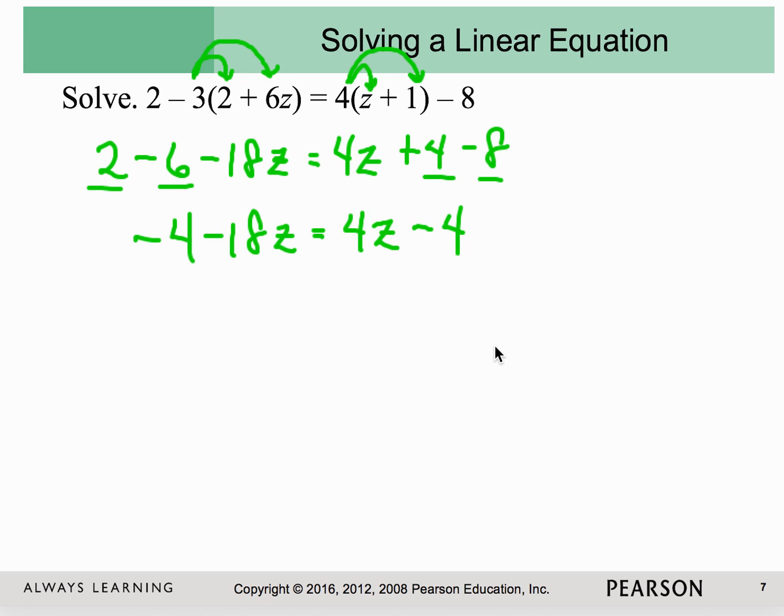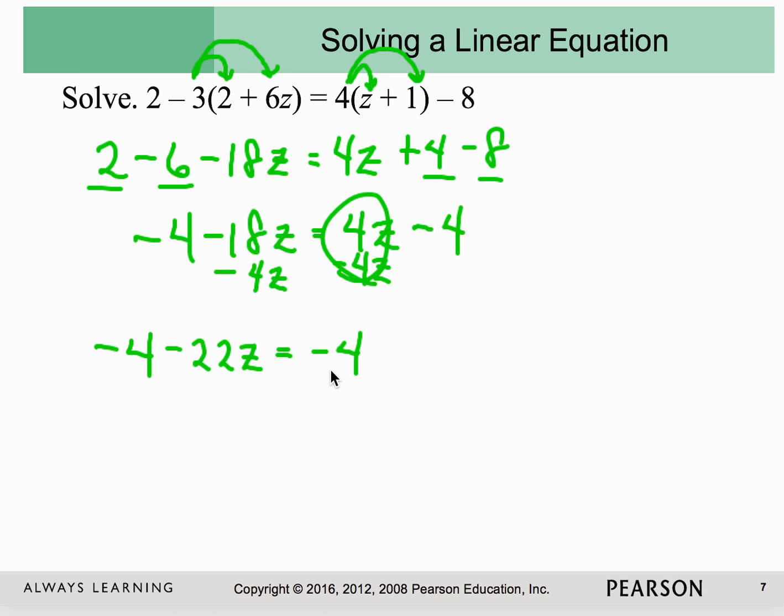Okay, now put all your variables on the same side, on the left-hand side. So let's subtract 4z, so there's no z's over here. But if I do it on one side, I got to do it on both. So I have negative 4 minus 22z equals 0 minus 4.